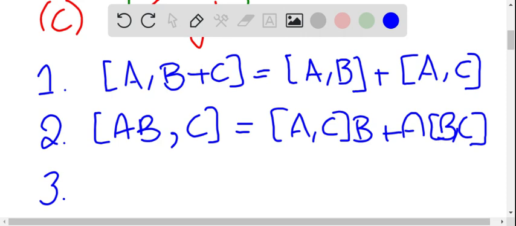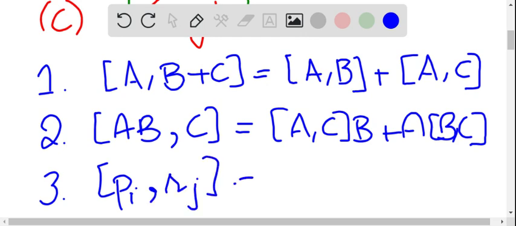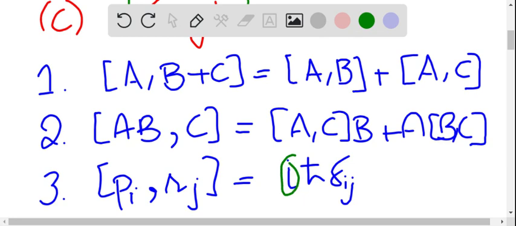That is, the commutator of p sub i and r sub j is equal to i h cross delta ij, right? Now over here this i is basically x, and it can be equal to x, or it can be equal to y, right?